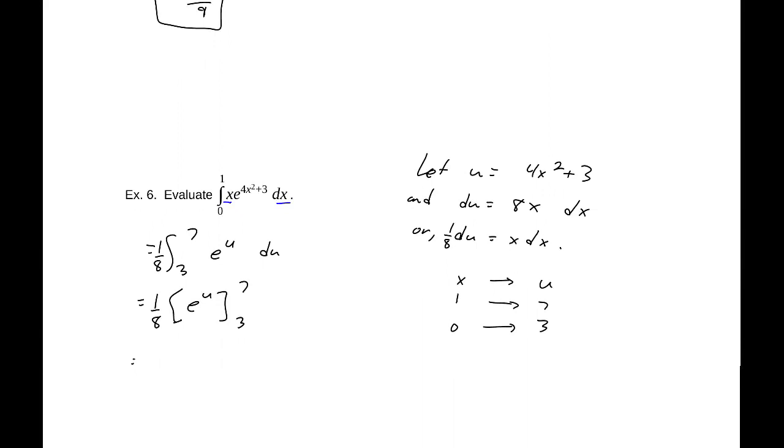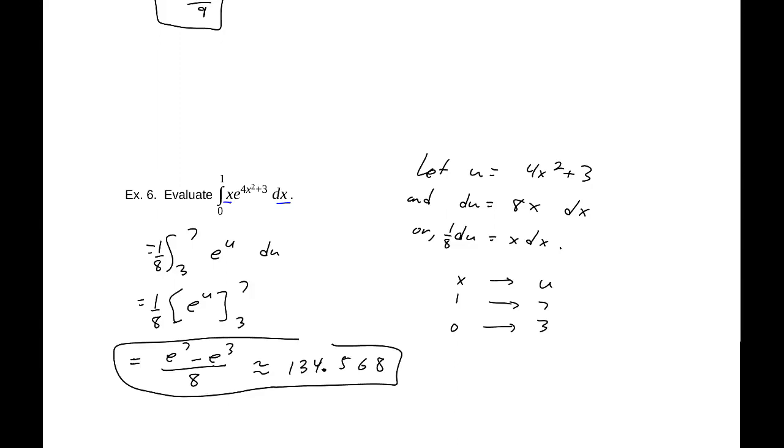So this will be 1/8 of e to the 7 minus e to the 3rd. Just go ahead and leave it like that. And that will be approximately 134.568. Let's go ahead and box all of that in.